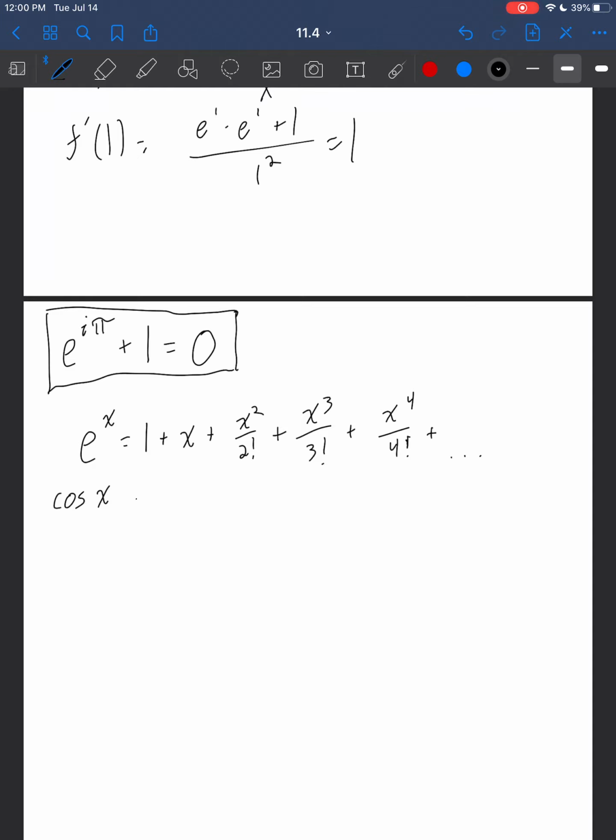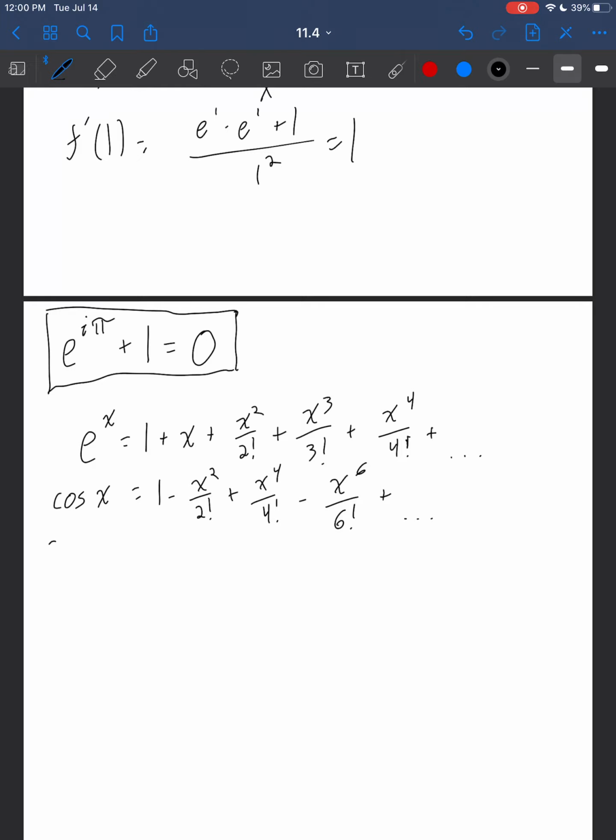We have cosine of x, I believe, yeah, this is going to be 1 minus x squared over 2 factorial plus x to the 4th over 4 factorial minus x to the 6th over 6 factorial, and so on and so forth.